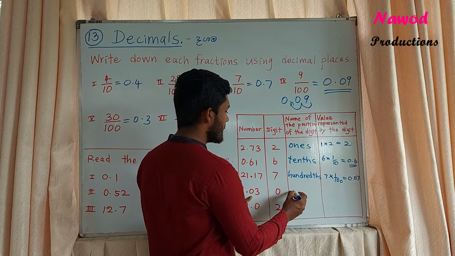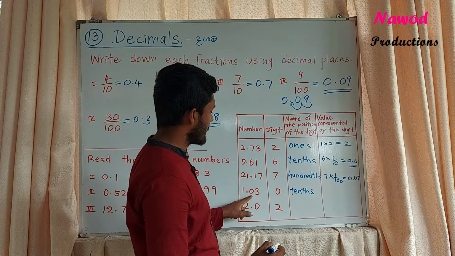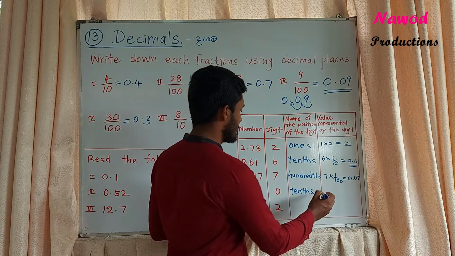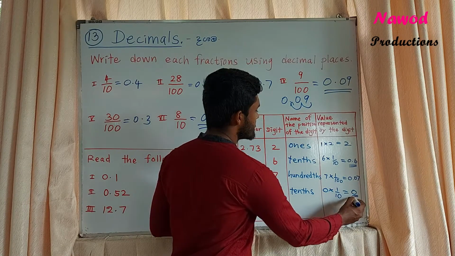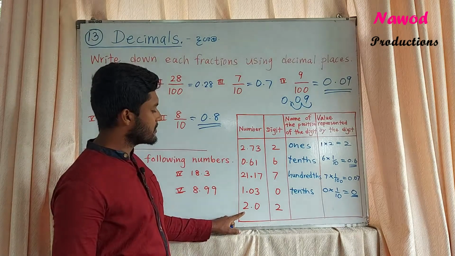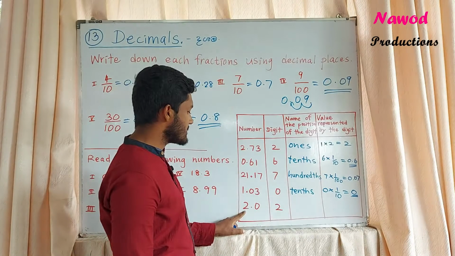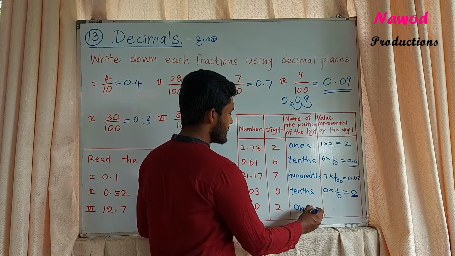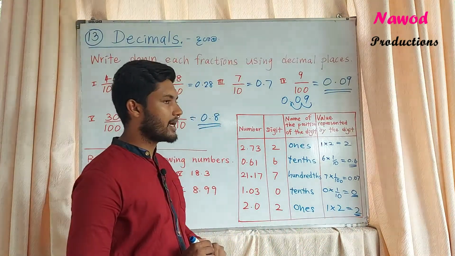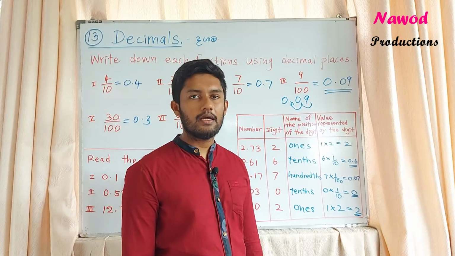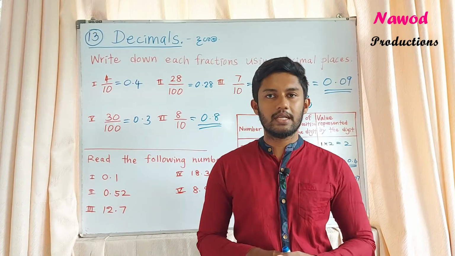It is in the tenths place. 0, yes, 0 into 1 over 10. 0 is the answer. 2.0, the digit is 2, the place is the ones place. 1 into 2, 2 is the value represented by the digit. Likewise, we can identify the decimals and continue the questions by using decimals.